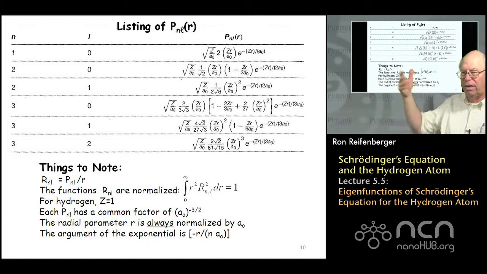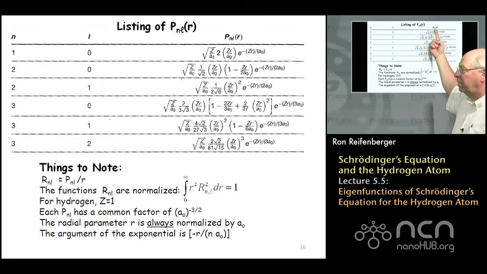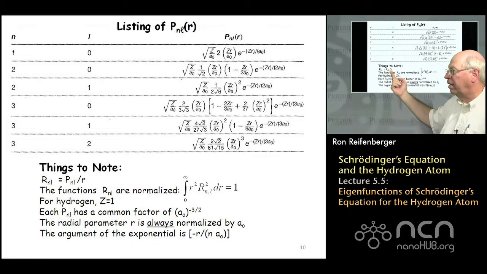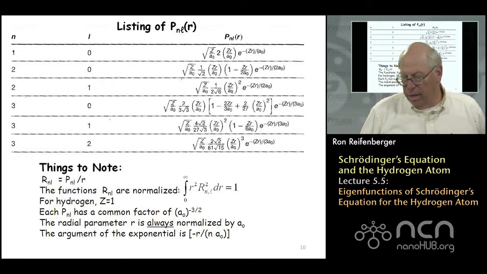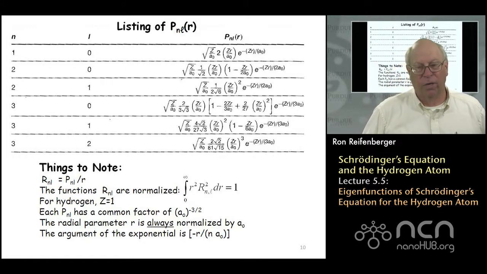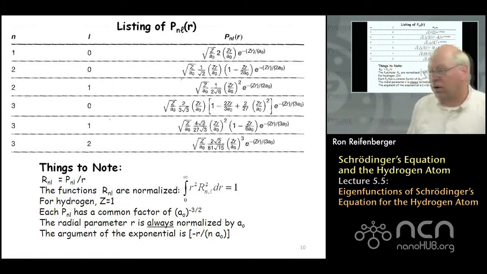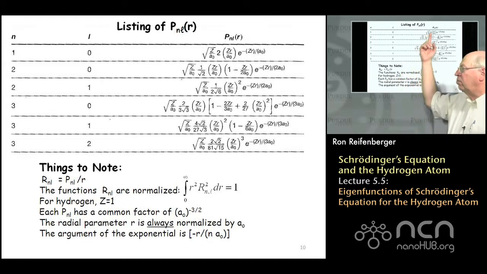Your textbook uses the notation capital P rather than capital R. They give the wave functions for capital P. You can get the wave functions for capital R simply by dividing by the radial position small r. So that's taken care of. It's pretty straightforward. You can start to see that these radial wave functions have a common feature.